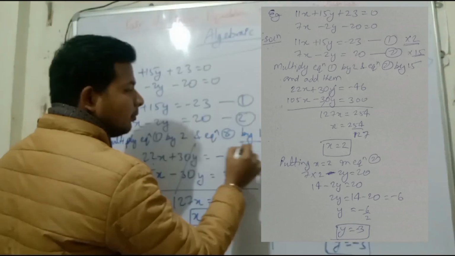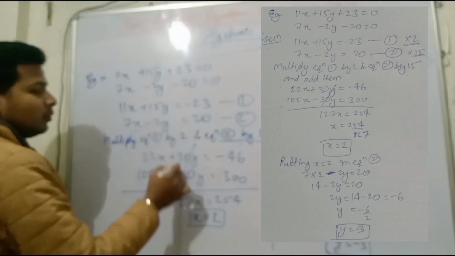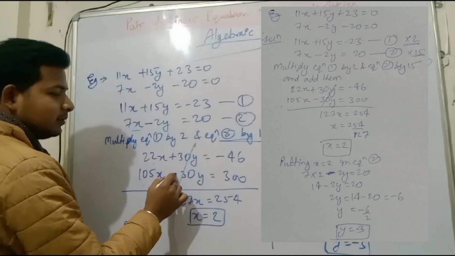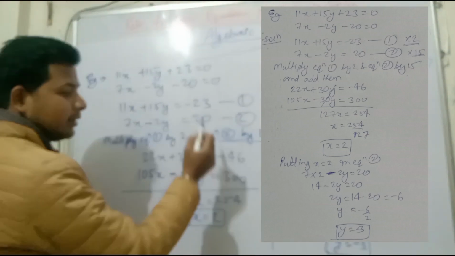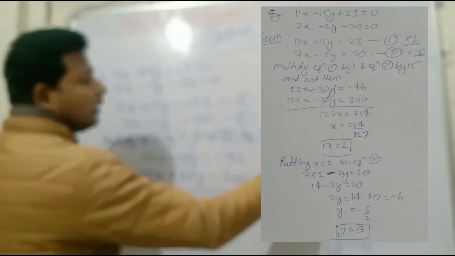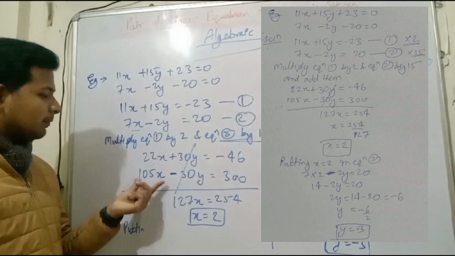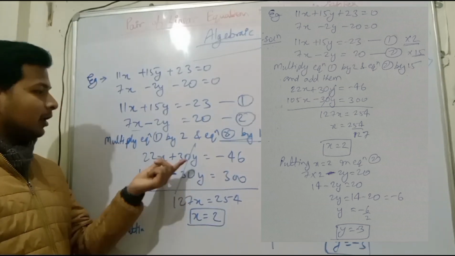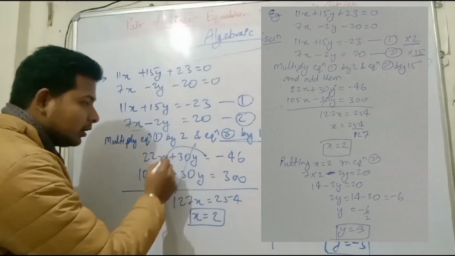Similarly, multiplying equation number 2 by 15: 15 times 7 is 105x, minus 30y, and 15 times 20 is 300. Now add. As you can see, 22x and 105x will become 127x. Plus 30y minus 30y will cancel out.